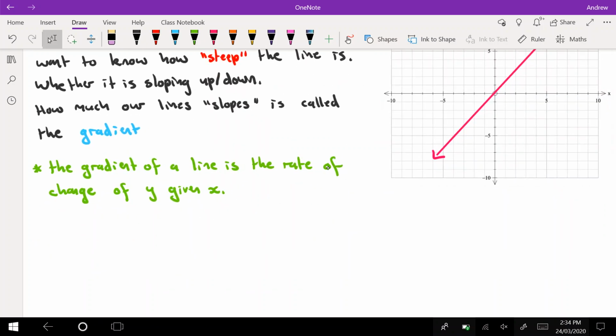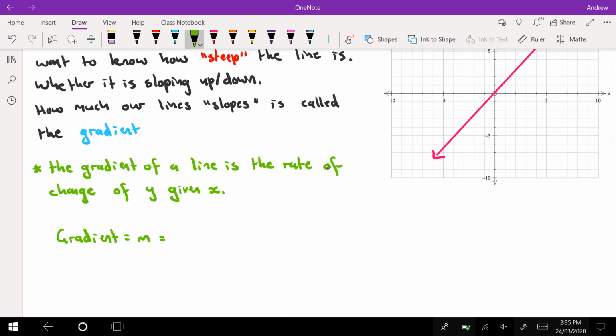Formula-wise, we can say a few different things. So the gradient has the mathematical symbol of m. When you see m, we're talking about gradient, which really makes no sense because gradient and m have nothing to do with each other. But we can't use g because that's gravity. So we say m.